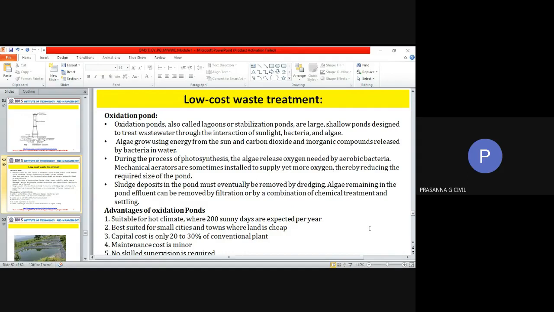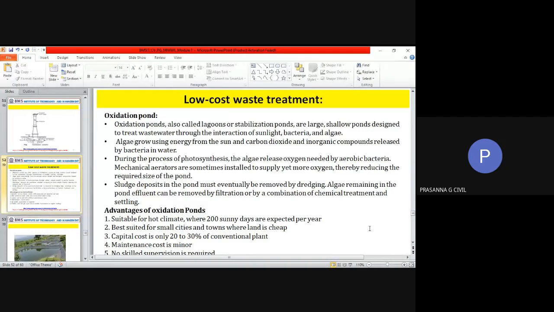But when we talk about a low cost system, it should be in such a way that once you have constructed and built the system, it is able to operate for long duration of time without any other extra intervention. No supervision required, nothing required.